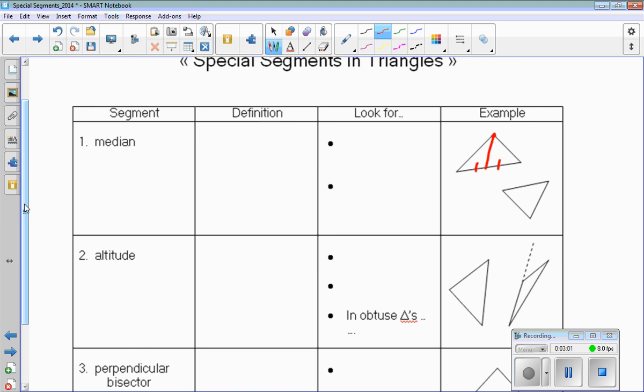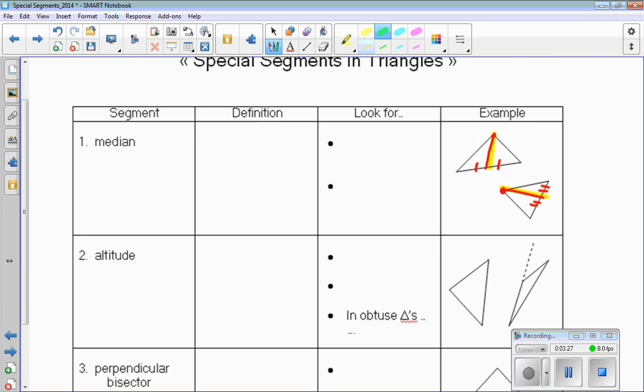So I'm just drawing them in. I want you to do that as well. I'm going to highlight what the actual median is. So now we're on our packet page, and we're just going to highlight the actual segment.